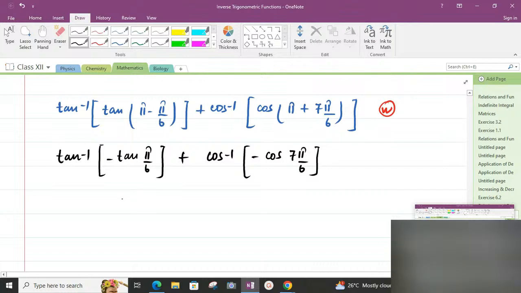So here, the next step will be tan inverse of minus tan pi by 6 equal to minus pi by 6. So we write down here minus pi by 6, and here will be cos inverse of minus cos, pi plus theta, pi by 6, equal to pi by 6.